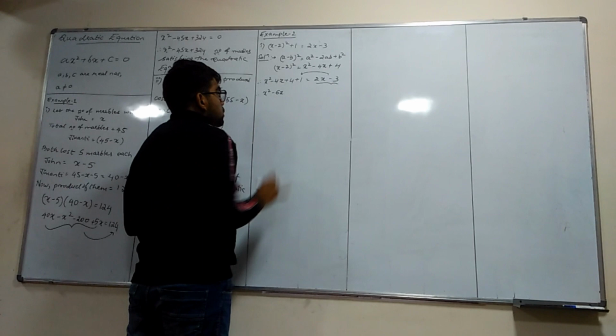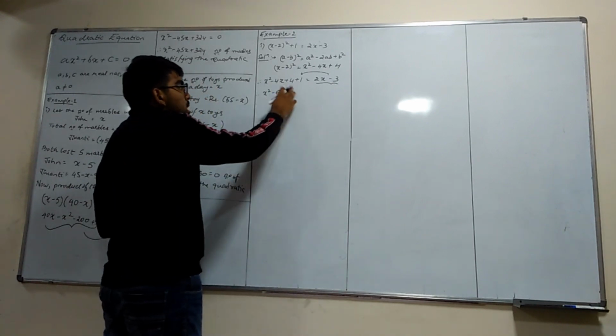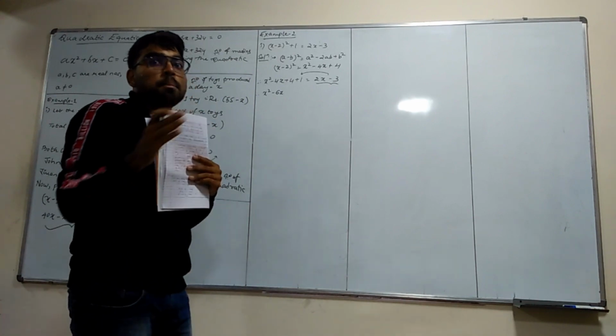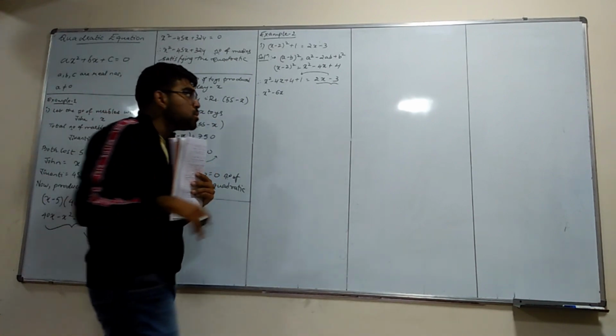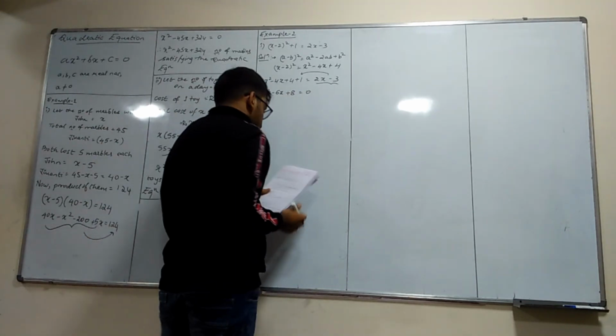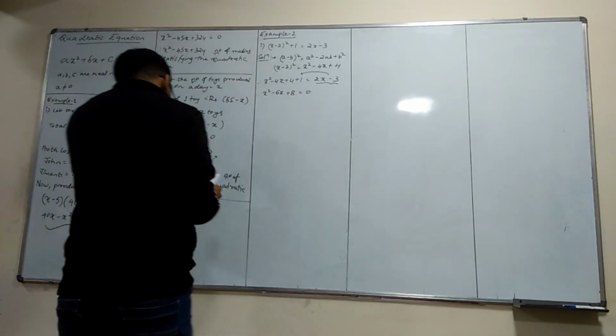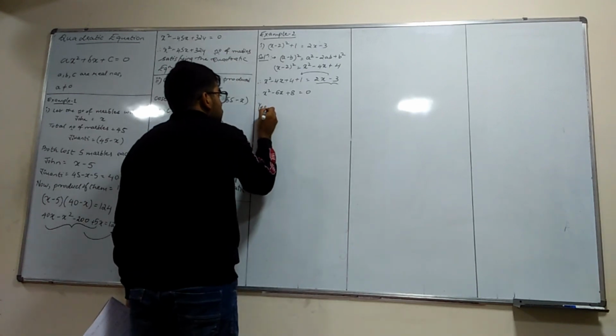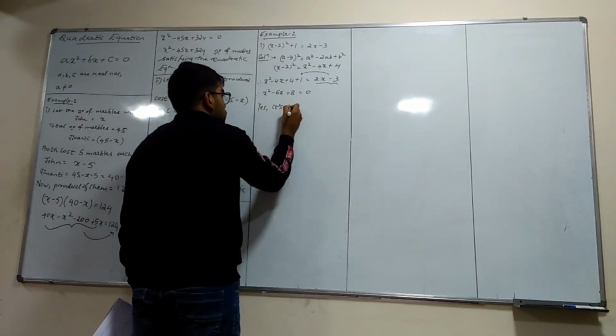Minus 4x minus 2x is minus 6x, plus 5 plus 3. Minus 3 when it comes to the other side becomes plus 3. How much? 8. Plus 8 equal to 0. So, yes, it's a quadratic.